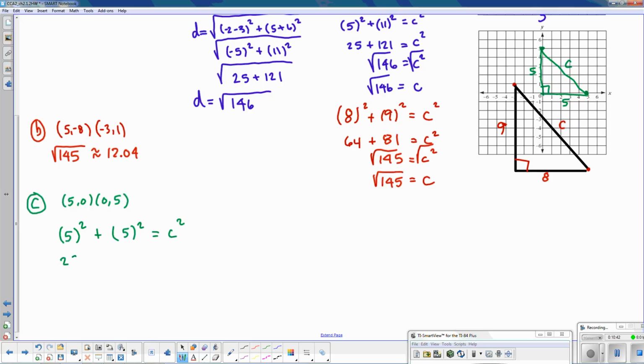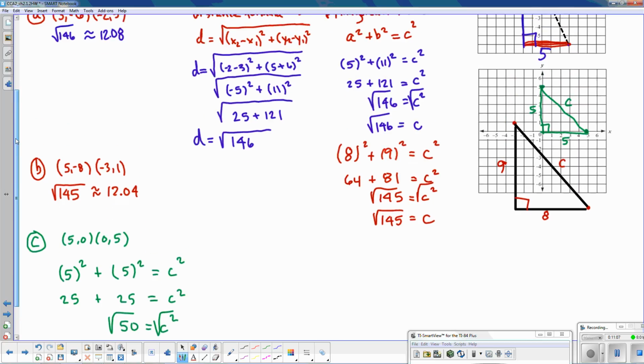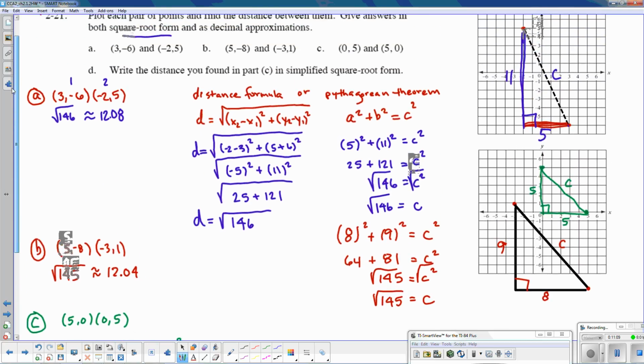So we have 25 plus 25 equals c squared, which gives us 50 equaling c squared. We take our square root and we'll end up with the square root of 50 is equal to c. So the square root of 50 is what our distance between those points is going to be.